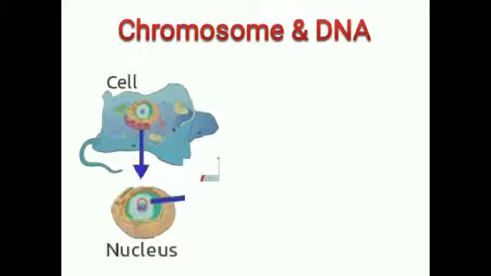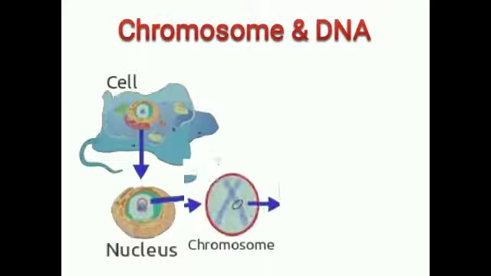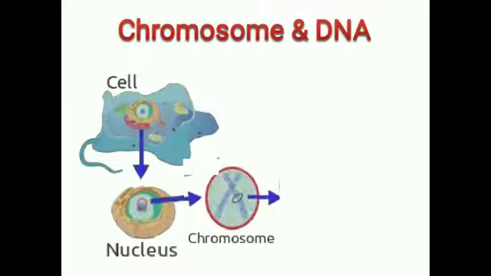Now in this nucleus, some thread-like structures are present which are called chromosomes. Now what are chromosomes? Chromosomes are thread-like structures which are found in the nucleus of a cell and store all the genetic information of an organism.